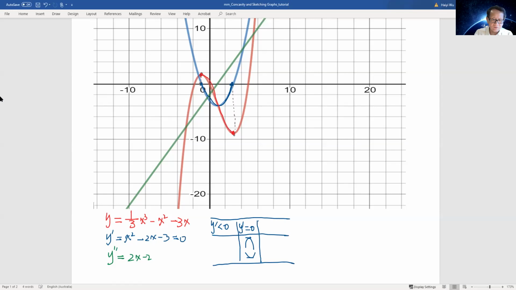Can you see it decreasing? So the original graph goes down.